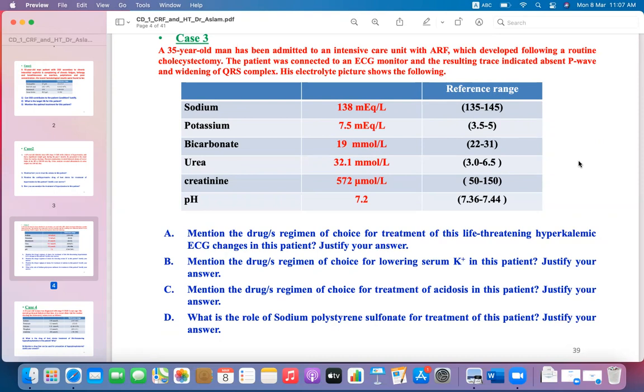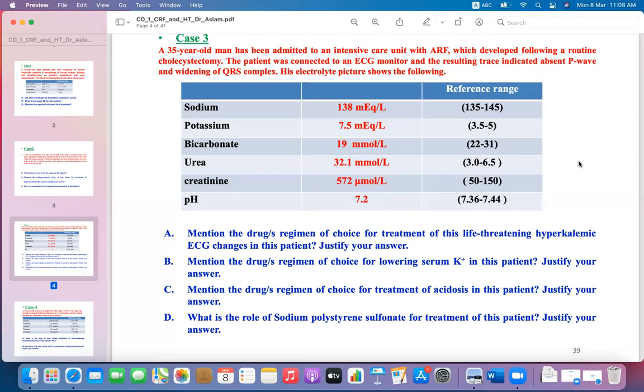That is the surgical procedure for the gallbladder. The patient was connected to an ECG monitor and the resulting trace indicated absent P wave and widening of the QRS complex.